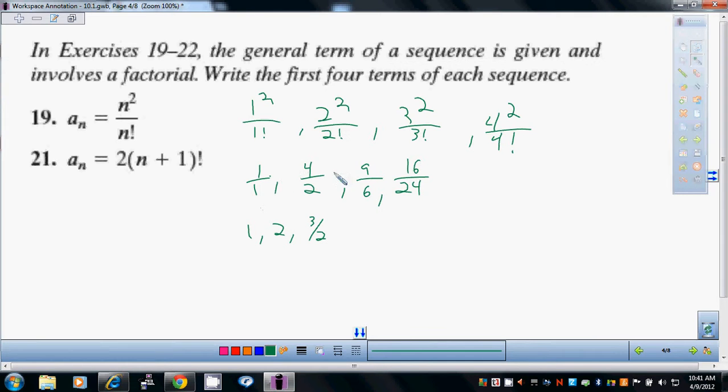I've written the exact numbers right here, but then I'm reducing them below. And the bottom line should be your finished product, first 4 terms, for number 19.